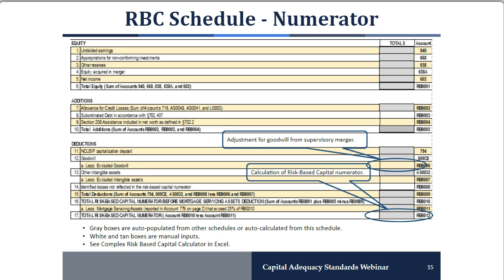Line 16A limits capital from mortgage servicing assets to 25% of the RBC numerator before this adjustment. The preliminary RBC numerator is calculated in account RB0010. The final RBC numerator is calculated in RB0012 after any applicable MSA adjustment.